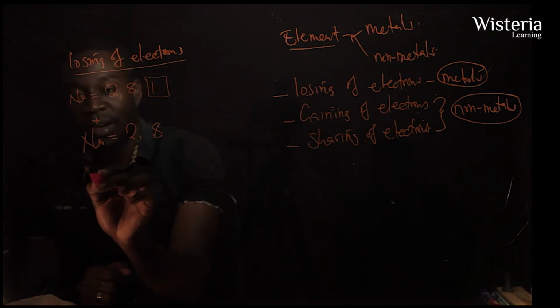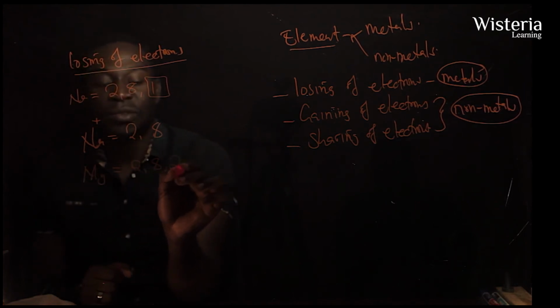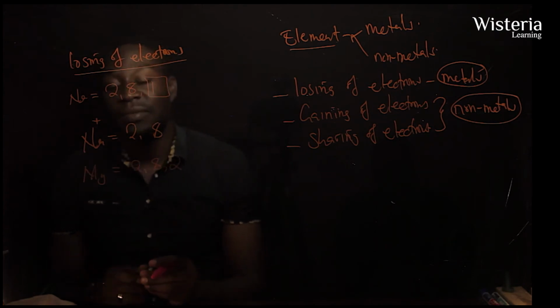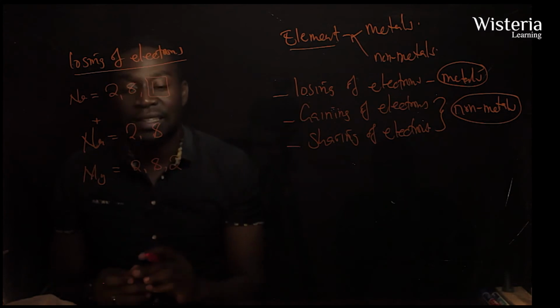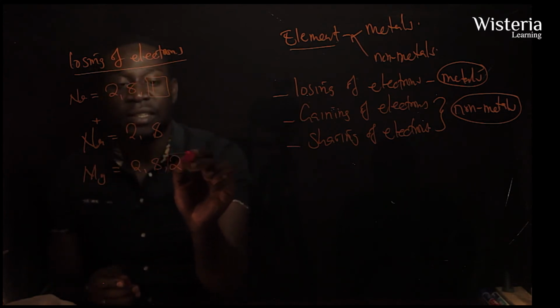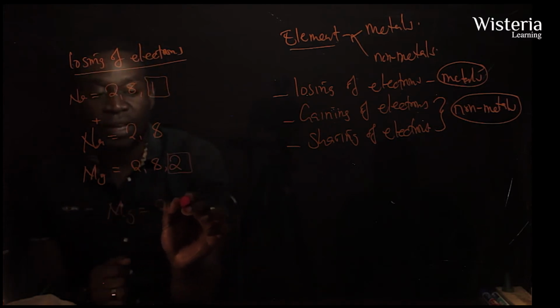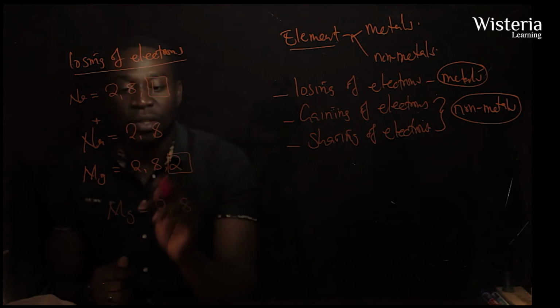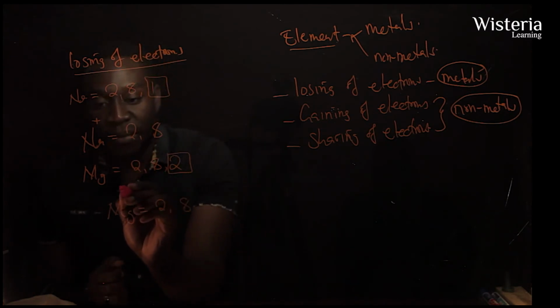We can look at another one. Let's say magnesium, 2,8,2. Magnesium is found in group 2 because it has 2 valence electrons, and in this case, it's going to lose the 2 electrons. So magnesium is going to be 2,8. It has lost 2, so because of losing, it becomes positive.